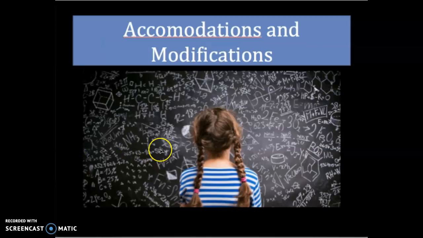And then we've got accommodations and modifications. So let me give you a couple of examples. I have a student who has a severe deficit in her short-term memory. In reading through the common blocks that students with disabilities have, she definitely has difficulty keeping numbers and information in her memory.